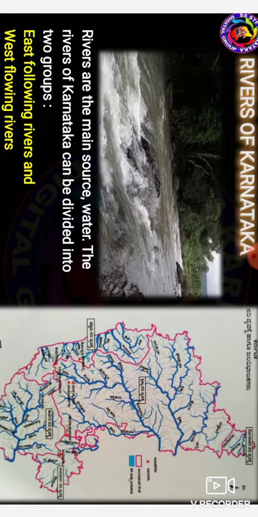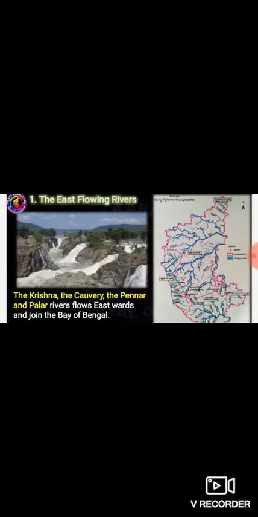Once again, let me recall the rivers of Karnataka. How many types can we divide the rivers into? The rivers of Karnataka can be divided into two groups: the east flowing rivers and the west flowing rivers. Which rivers flow on the eastern side?